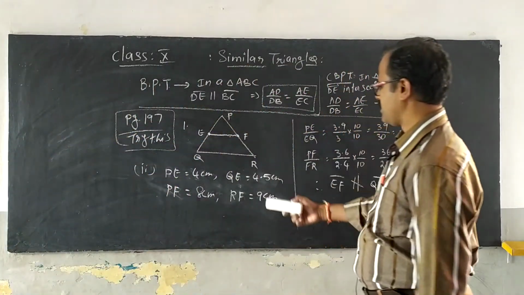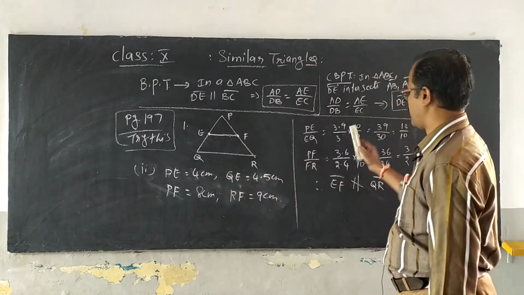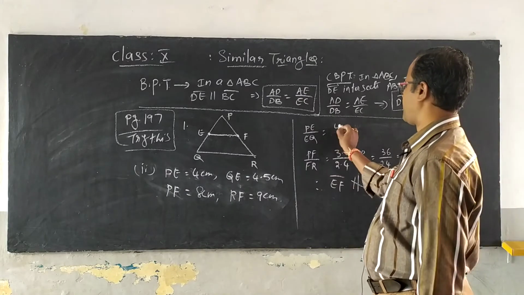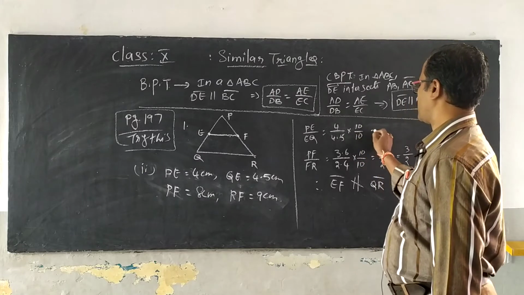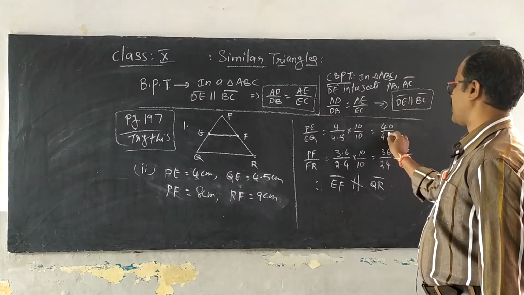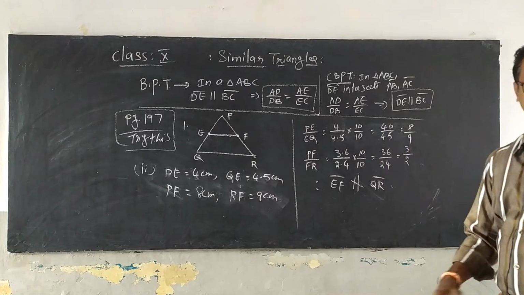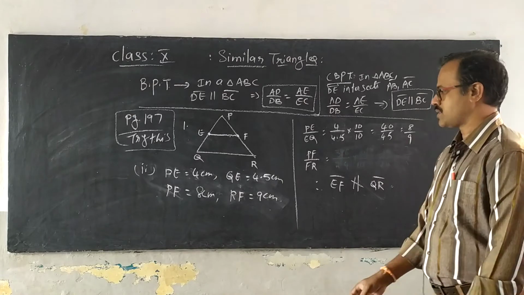Calculate the ratios. What is PE by EQ? You will get 4 by 4.5. Multiply by 10, you will get 40 by 45, cancelling with 5: 8 by 9. You come to the next ratio. What is it?